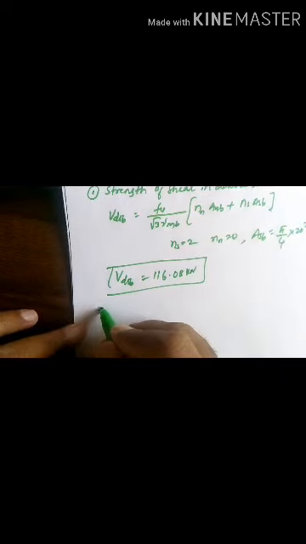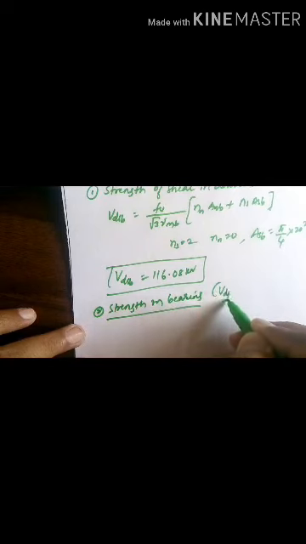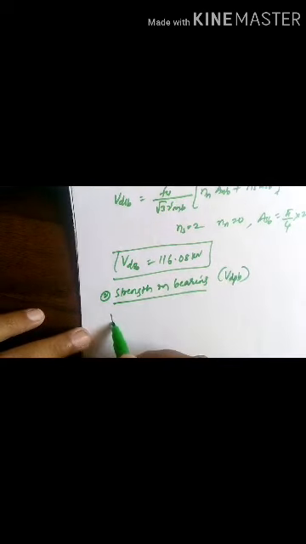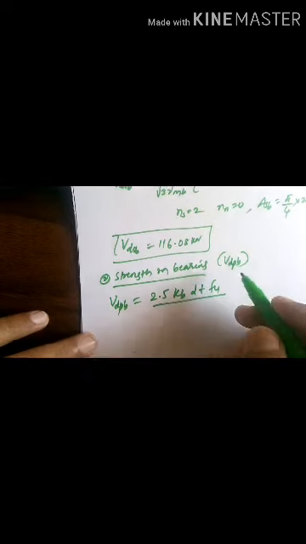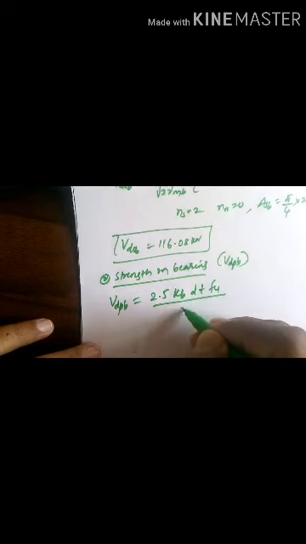Similarly, calculate strength in bearing, that is VDPB. The VDPB formula is 2.5 kb d t fu divided by gamma mb.